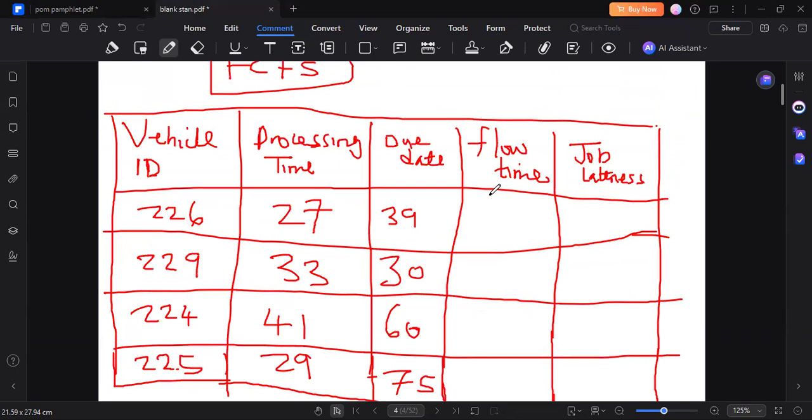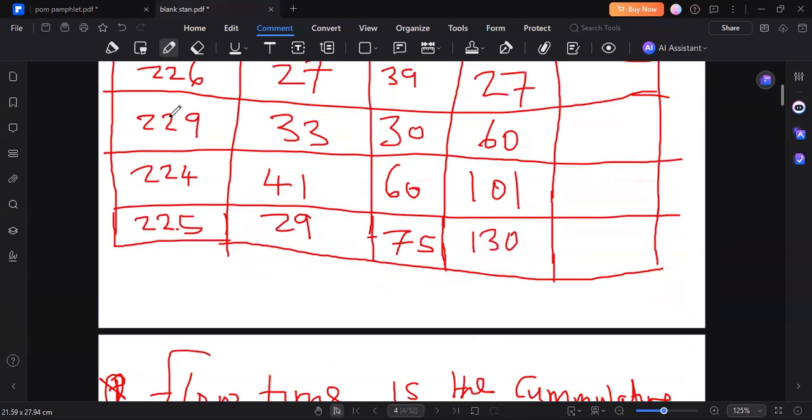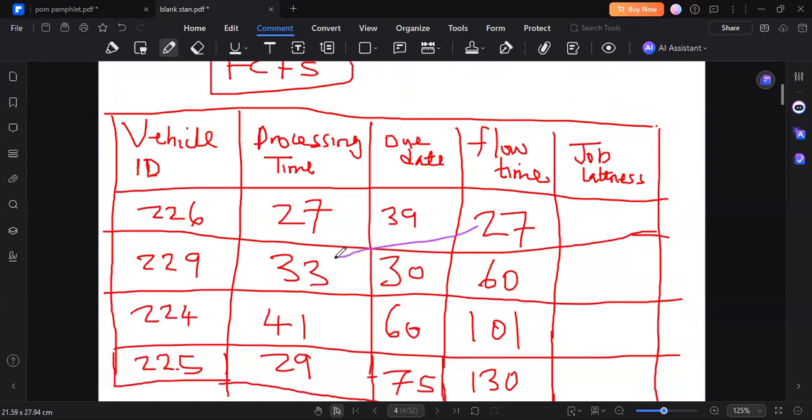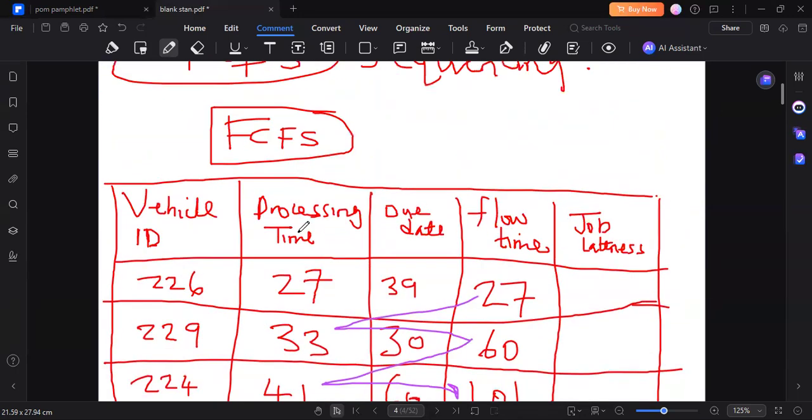So here it will be 27 plus 33 is 60, 101 and 130. We brought the 27 here, 27 plus 33 is 60, 60 plus this one is that one. This is how we're getting the flow time, the cumulative frequency of processing time.